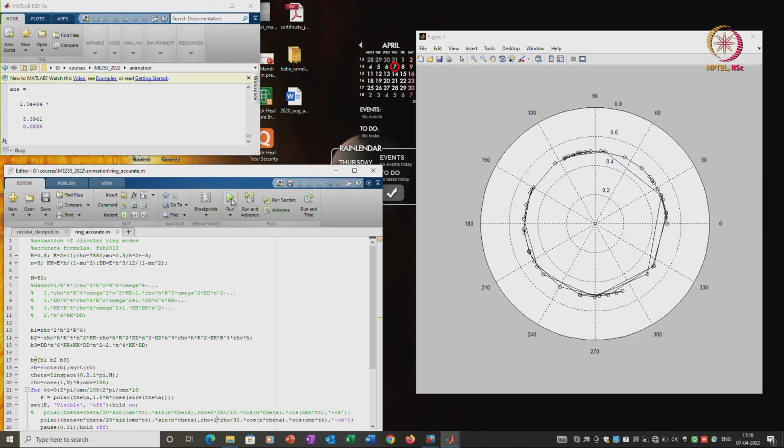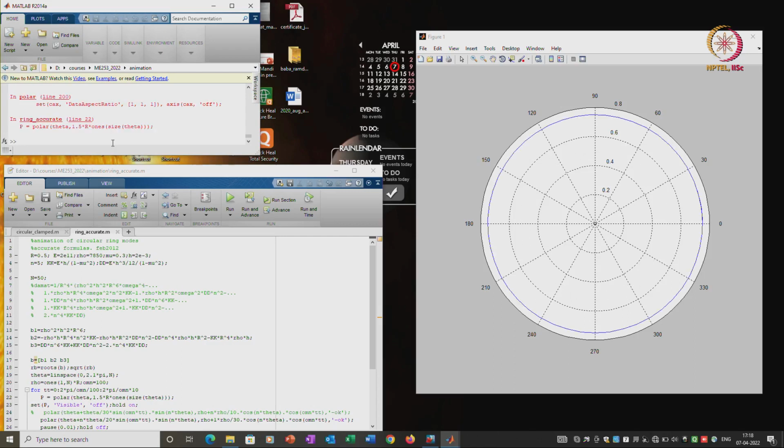Here also you see quite a bit. The particles are crashing into one another, which is not realistic. So that's how a ring looks in its modes.